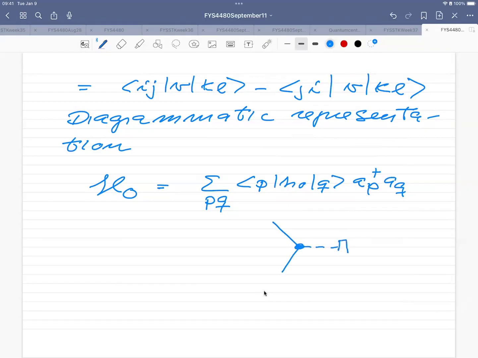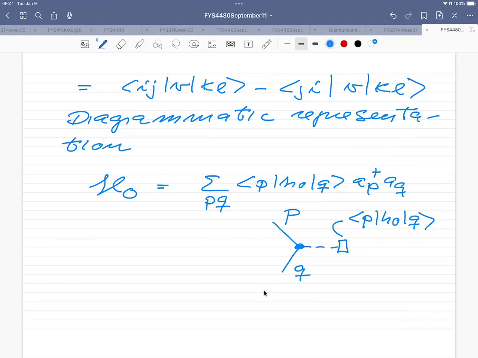And in this specific case, this is now meant to represent this term here, where the incoming state is now given by this one, Q, and the outgoing state is given by P. But we don't put arrows on them because we have left these uncontracted.